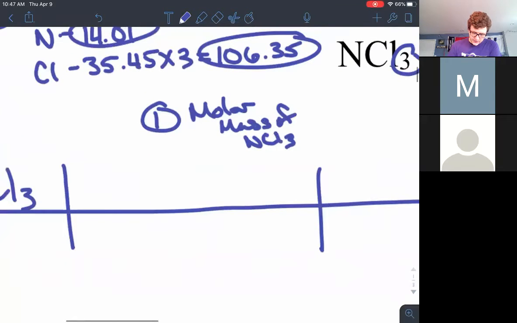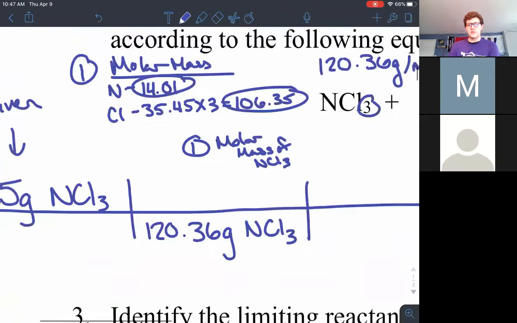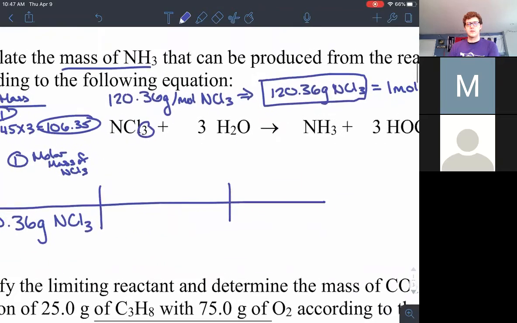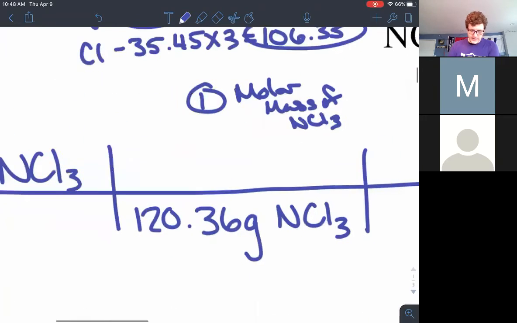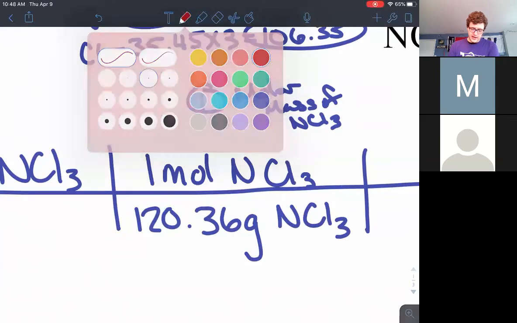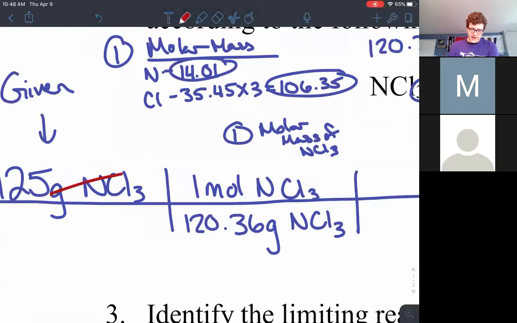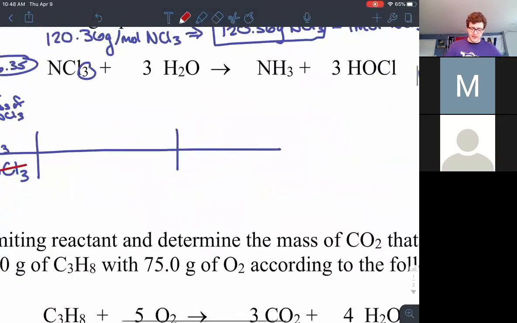So we put the 120.36 grams of NCl3, which means what goes on the top? 1 mole of NCl3. Perfect. All right. That way, those units of grams of NCl3 are canceled. Now we're in moles of NCl3. So that was step number 1.